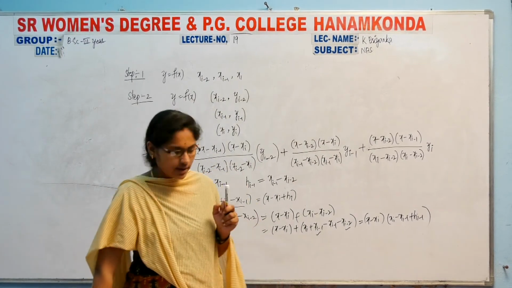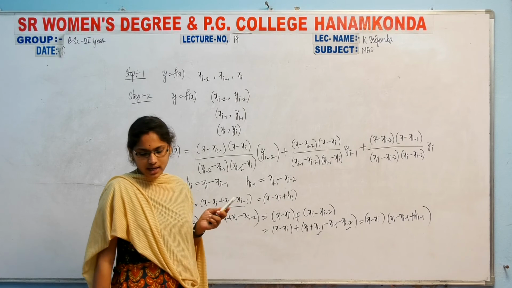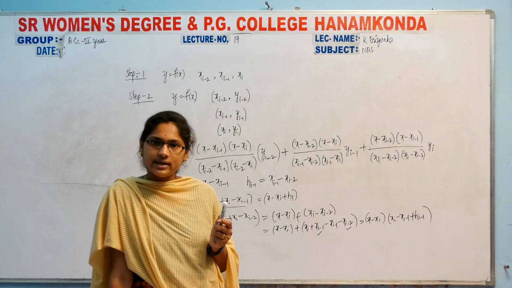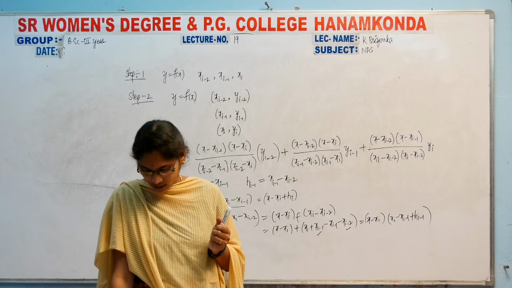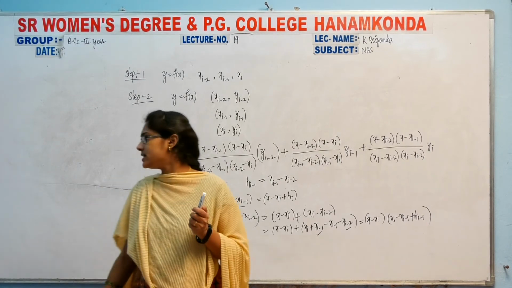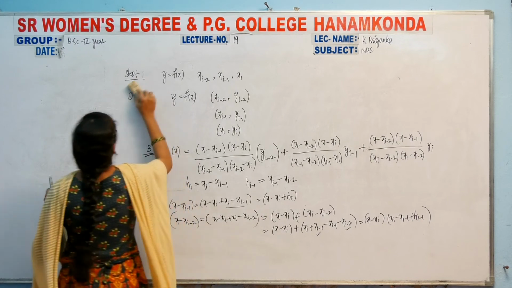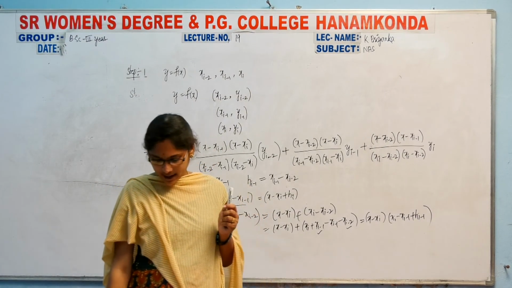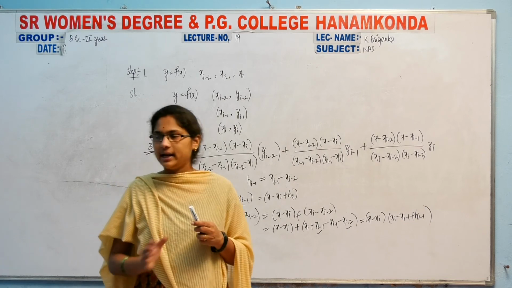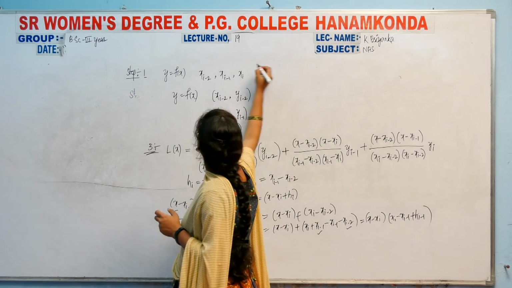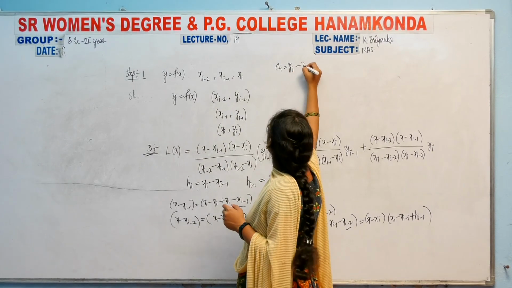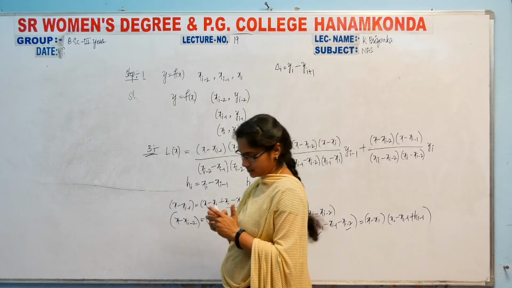So now similarly, xi minus 2 minus xi minus 1 equal to minus hi minus 1, and delta I equal to yi minus yi plus 1.